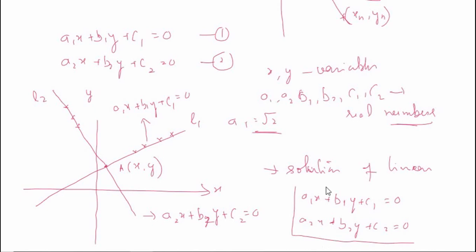So for this pair of linear equations in two variables, the point A, that is x comma y, is the solution. If you have any two linear equations in two variables, you can plot them in the same graph, and the point of intersection of those two lines is the solution.